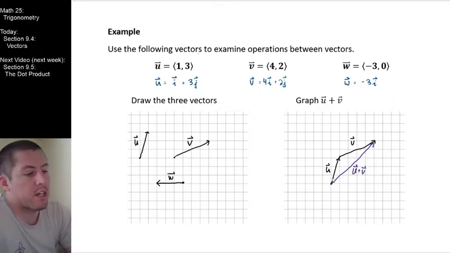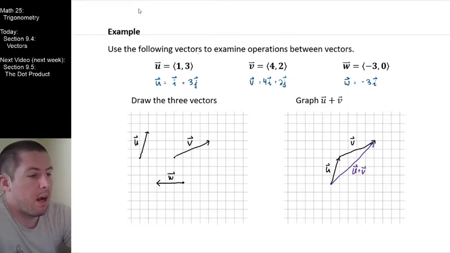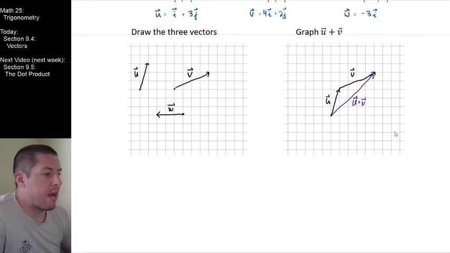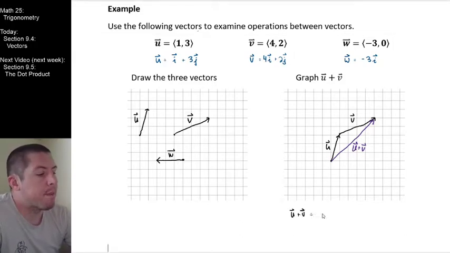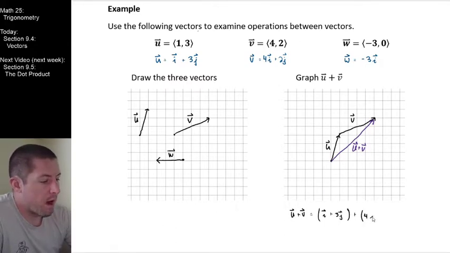We did the instruction set u followed by the instruction set v. A good thing for us to notice is that we can just do the math with these. u plus v. I always like to picture these in component form, so this would be i plus 3j plus 4i plus 2j.